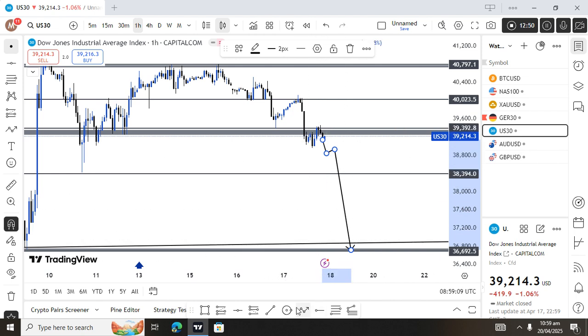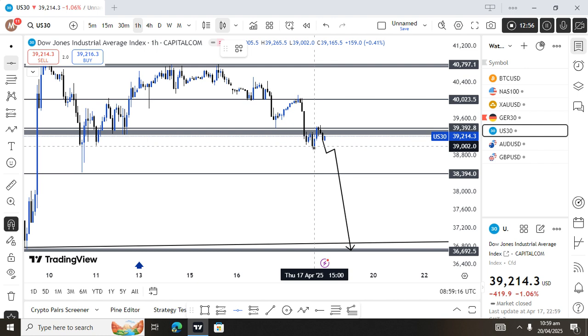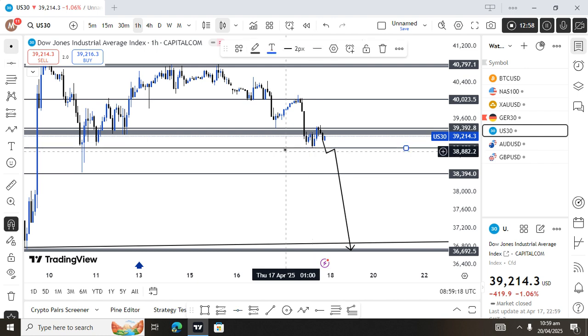Now I will mark this zone here, because the market is between these two zones, 1 and 2. So when it breaks out here, you wait for it to retest and boom, sell.